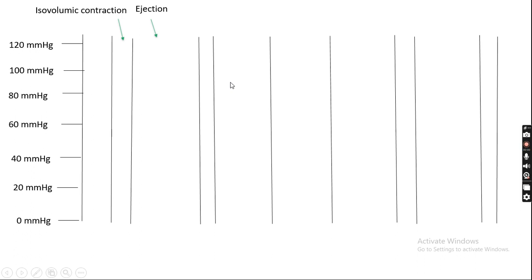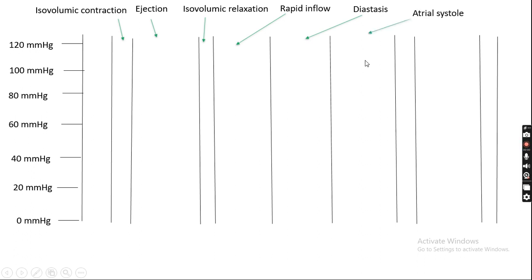We will commence from the isovolumetric relaxation phase. So, the fourth and fifth line indicates the isovolumetric relaxation phase. The column next to it indicates the rapid inflow, then diastasis, and then atrial systole.